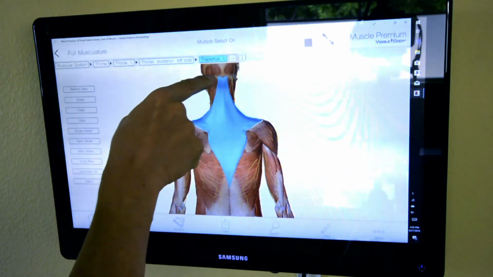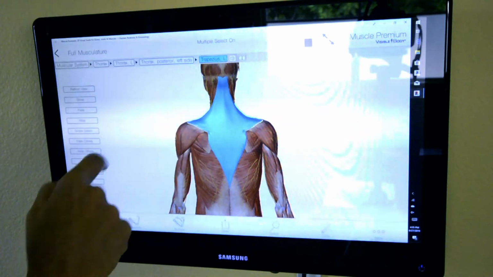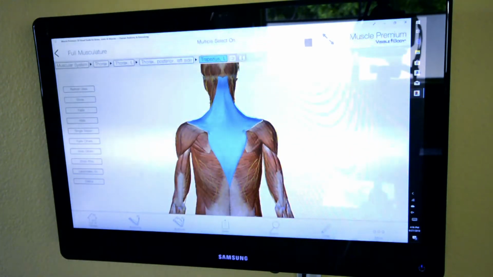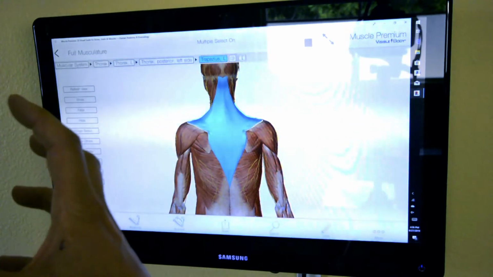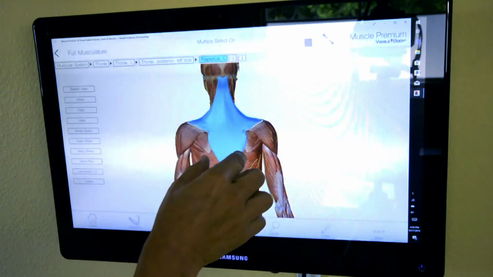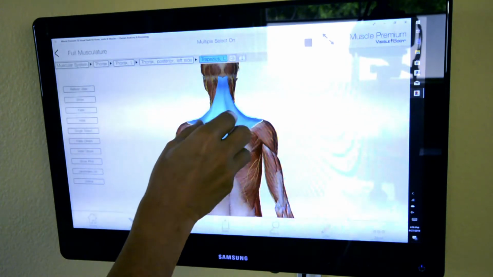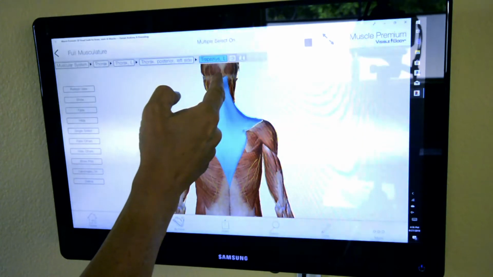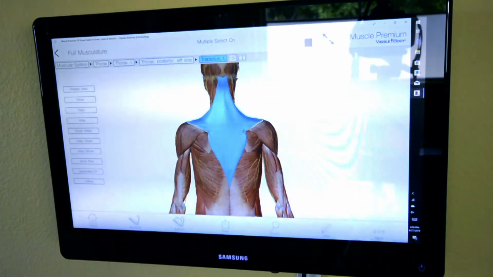And if you look where they attach, right to the base of the skull. So the trapezius muscles, upper back, are quite often involved in headaches because the tension and tightness that occurs within this very big and powerful muscle translates right up into the base of the skull, which can cause problems.